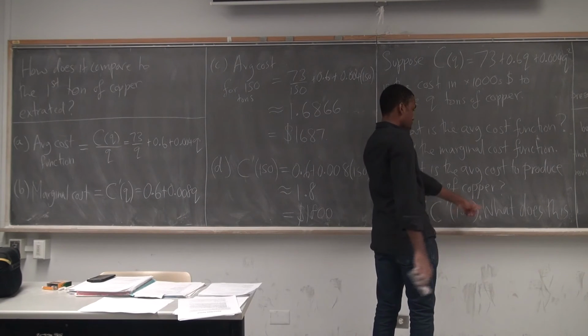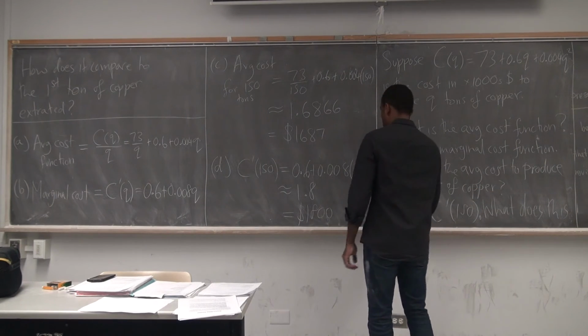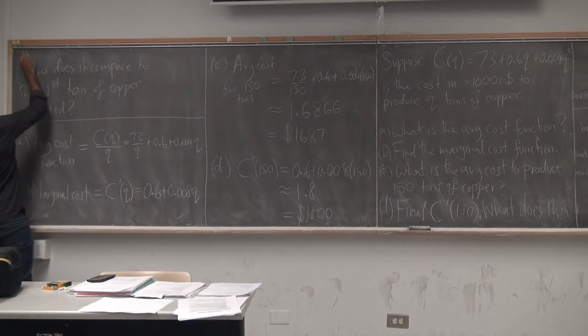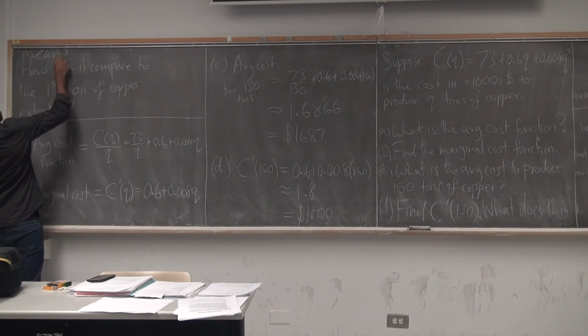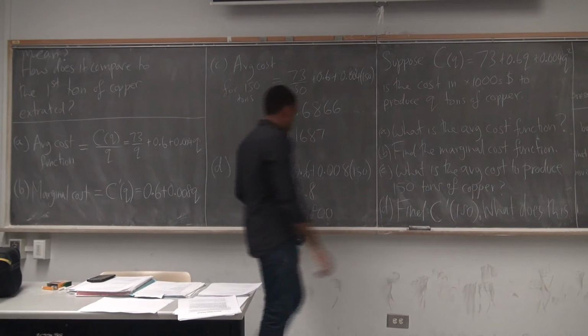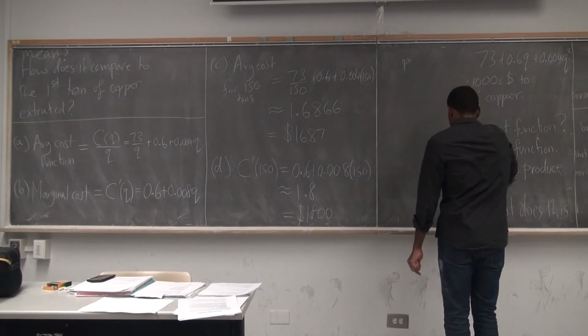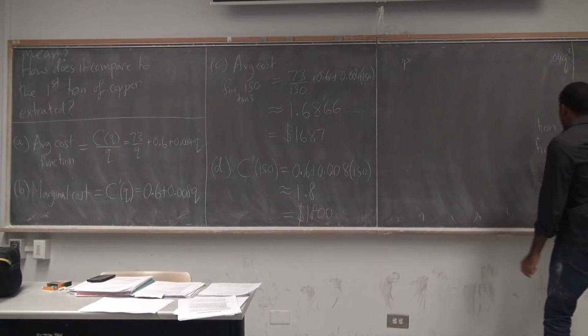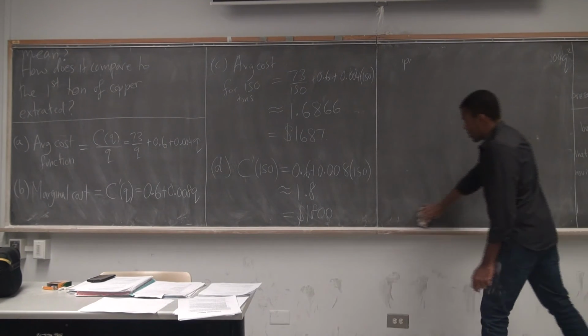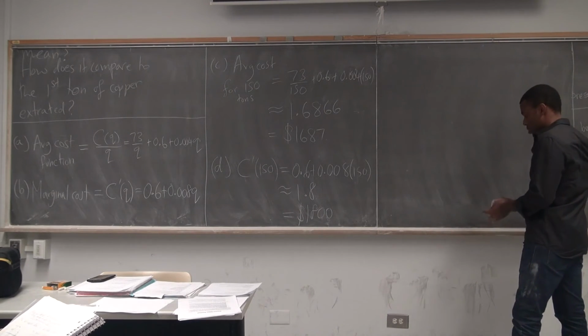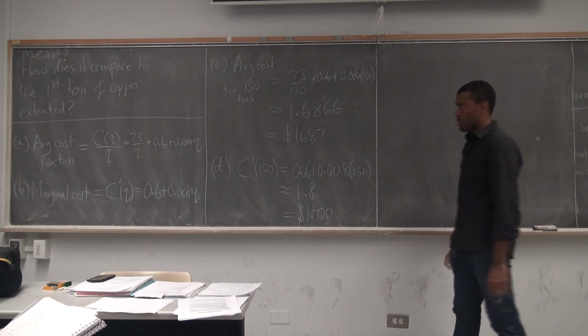Okay, so find C prime of 150. What does this mean? How can I interpret that number? What is it telling me? C prime of 150 is the additional cost.